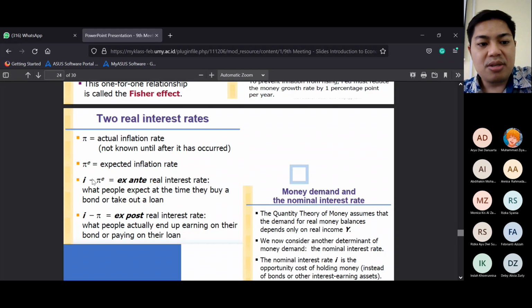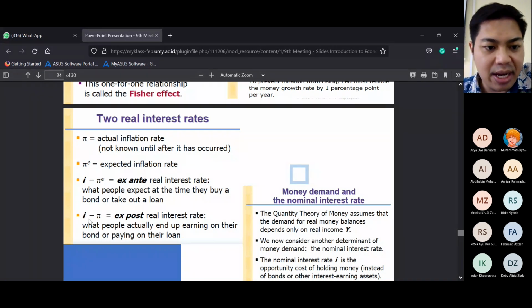So inflation minus expected inflation gives the ex ante real interest rate, what people expect at the time when they buy a bond or take out a loan. It means that the interest rate is higher compared to the inflation expectations, so you are encouraged to take more loans, or you buy bonds, because you expect a higher interest rate.